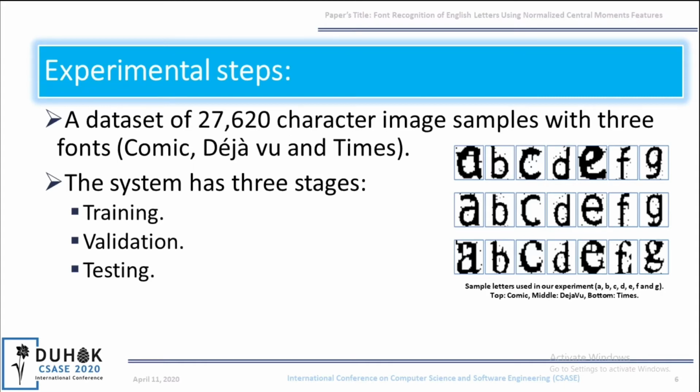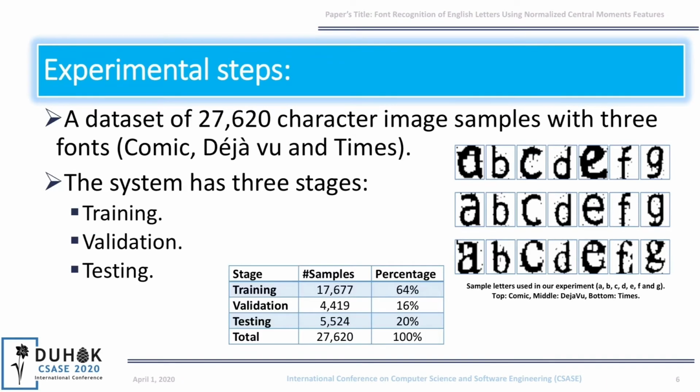Here on the right are samples of the dataset, where the top characters are Comic font, the middle ones are DejaVu font, and at the bottom are the Times font. Because the system has three stages: training, validation, and testing, we divide our samples according to the three stages into three sets.